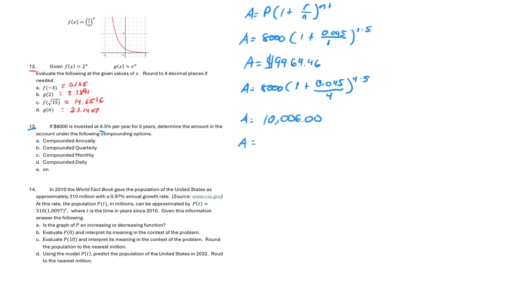Now compounded monthly, 0.045 divided by 12, 12 times that 5, and if we put that into the calculator, we should get $10,014.37.